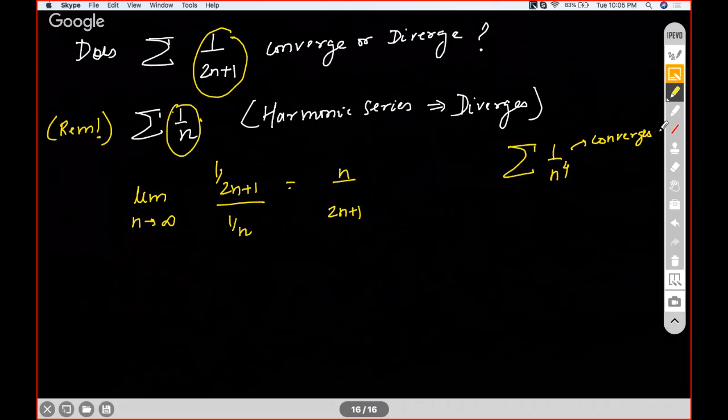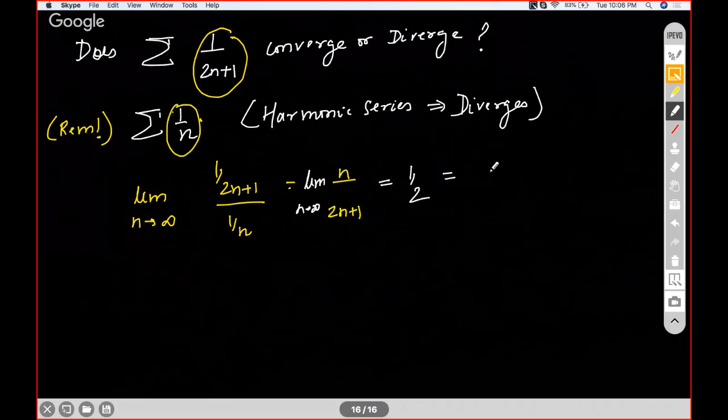Are you getting this point? Now, if I evaluate the limit as n tends to infinity, your answer will come out to be half.